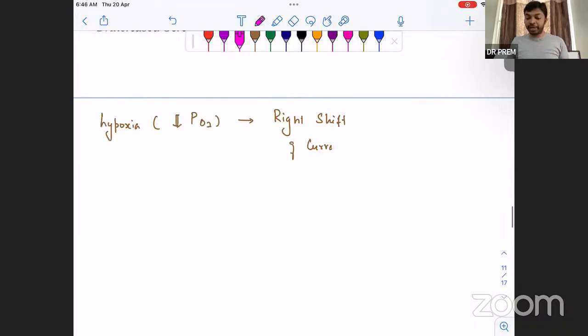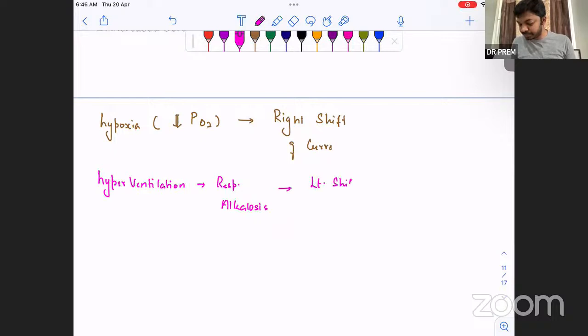There is going to be carbon dioxide washout. I repeat this: because of hyperventilation, there is going to be carbon dioxide washout, and this will cause respiratory alkalosis. Whenever blood pH becomes alkalotic, this will cause a left shift of the curve. So one event shifts the curve to the right, another event shifts the curve to the left.